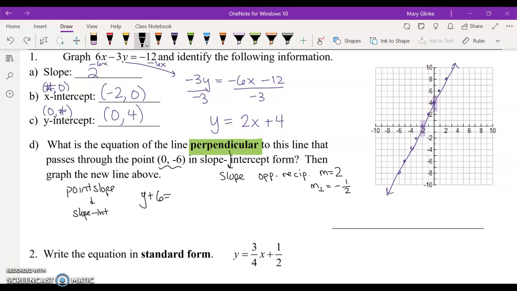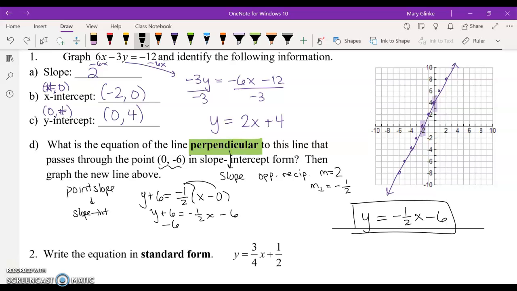So it would be y minus y1 equals our new slope of negative 1/2 times x minus x1. We would go ahead and distribute to get negative 1/2 x and then subtract 6. So the equation of the line should be y equals negative 1/2 x minus 6, which again you could have gotten to just by plugging in your new slope and your new y-intercept.